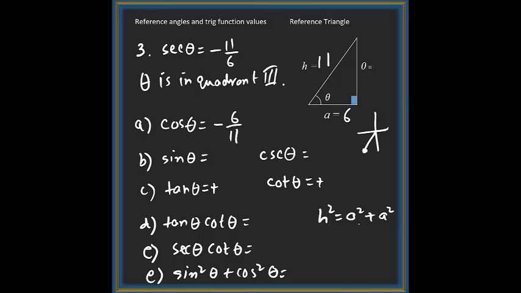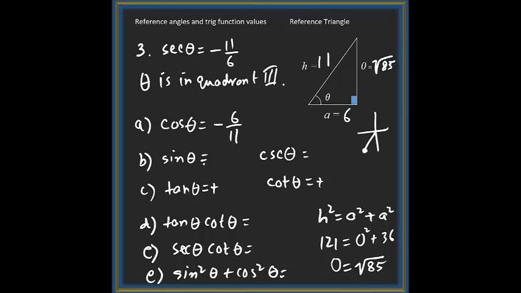We know H squared is O squared plus A squared, which is the Pythagorean theorem. H is 11. When you square it, it will be 121. Opposite we need to figure out, and A squared is 36. So now simplify and find your O. We get opposite is square root of 85.